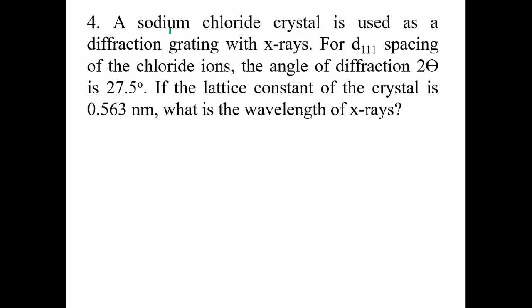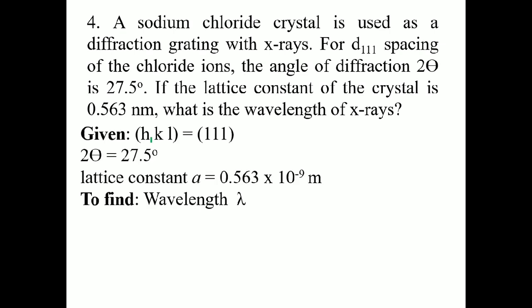And in the fourth problem, the data given are h, k, l equal to 111, because it is given that a sodium chloride crystal is used as a diffraction grating with X-rays. For d111 spacing, the subscript represents the h, k, l values, spacing of the chloride ions. The angle of diffraction 2 theta is 27.5 degree. 2 theta is given, not theta.